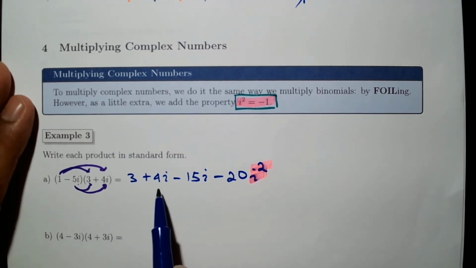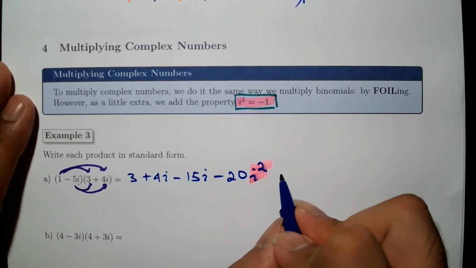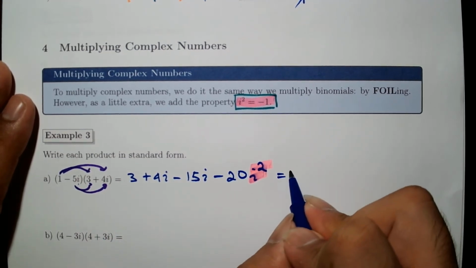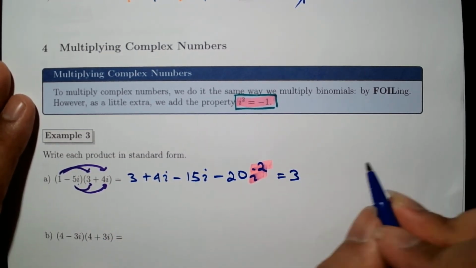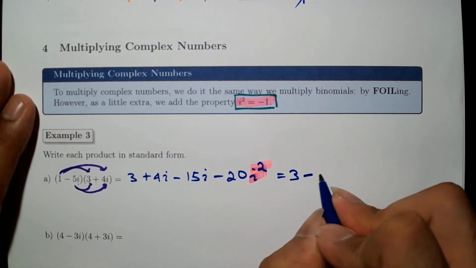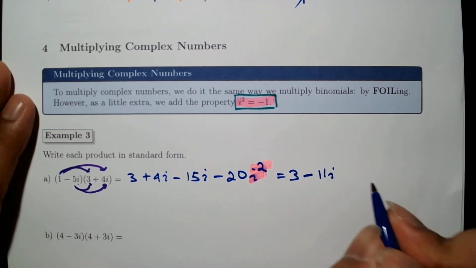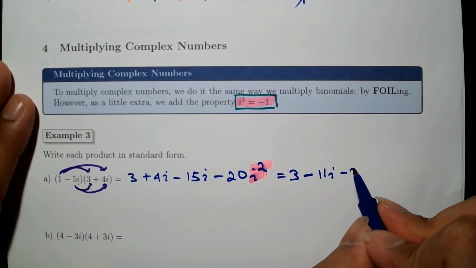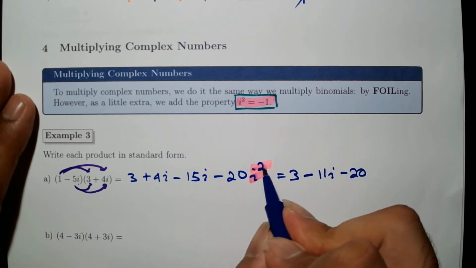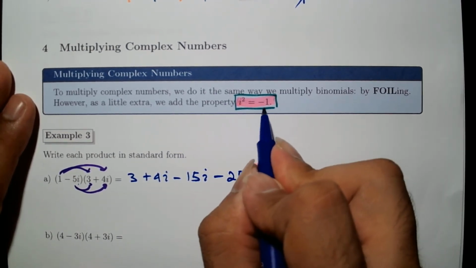Okay, combining like terms, 4i minus 15i, that's going to give us, okay, this is 3 minus 11i minus 20 i squared. What is i squared? Negative 1.